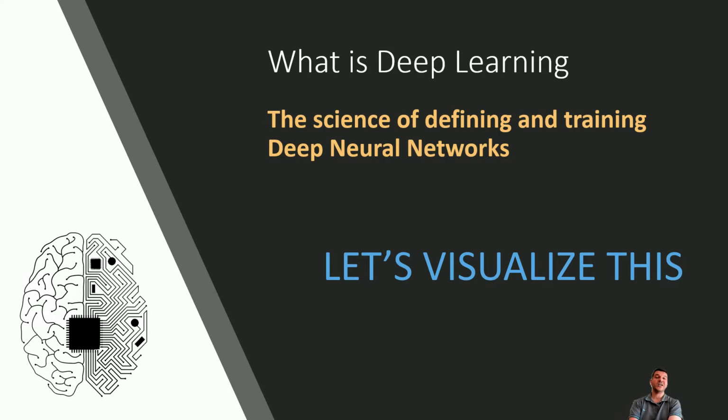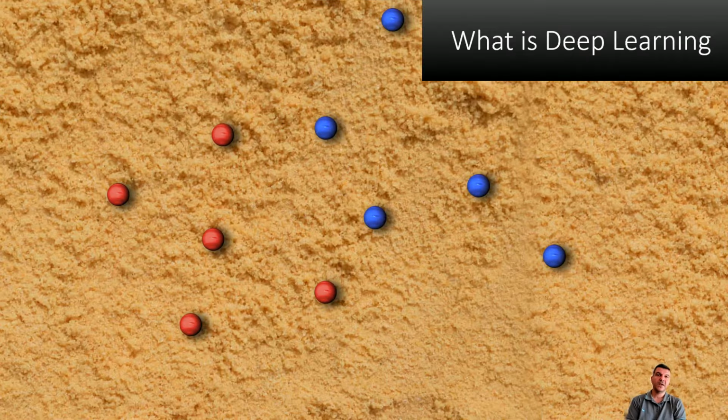So let's visualize all this, right? Let's see what deep learning is, when we say that deep learning, in fact, is the science of defining and training deep neural networks. Now, I've done this in Photoshop. I hope you like it. One idea could be like being at the beach and we have blue and red marbles at the sand.